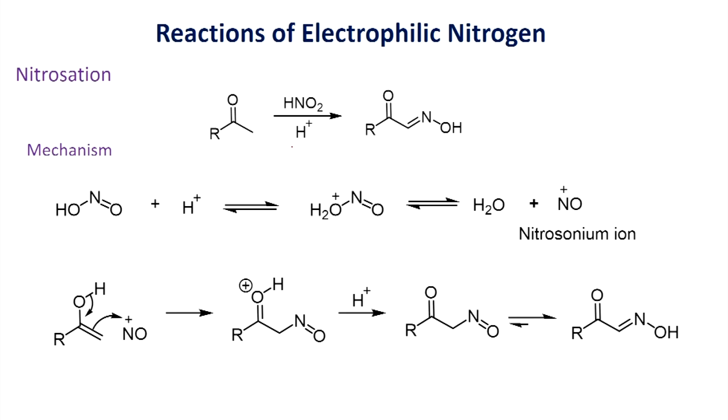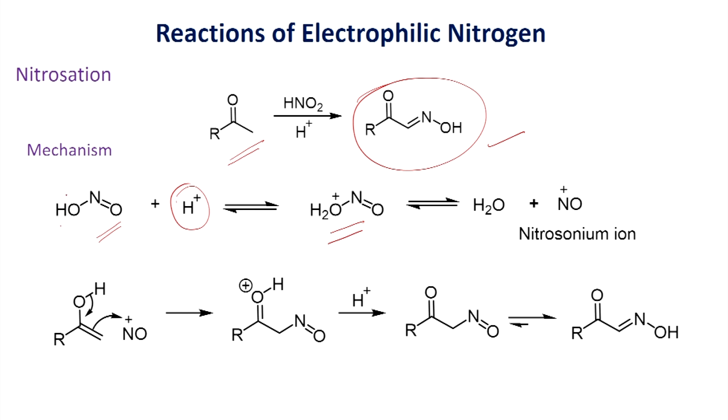And in this example, look at here, the reaction of HNO2 with this ketone is shown, and you can give this oxime as the product. If you look at the mechanism, when you take this HNO2 in acid medium, you can protonate the OH group.